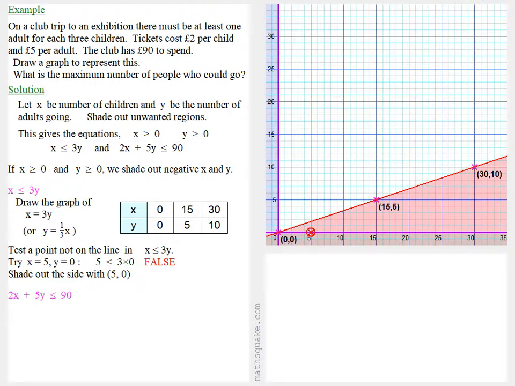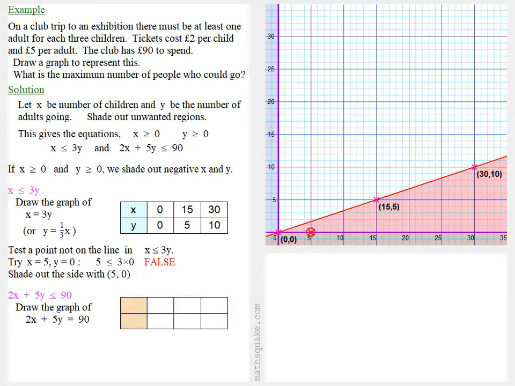Now let's draw the graph of the inequality 2x + 5y ≤ 90. We start by drawing the graph of 2x + 5y = 90. We can make up a table choosing values of x. Let's say we choose x is 0, 15 or 30. Now if x is 0, we have 5y = 90, so y = 18.